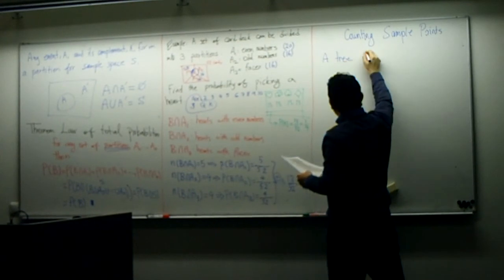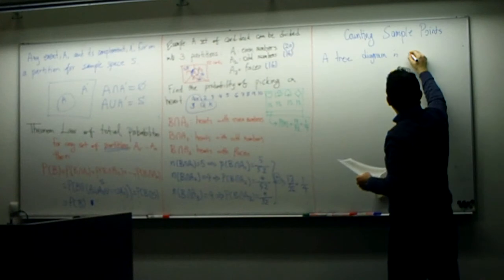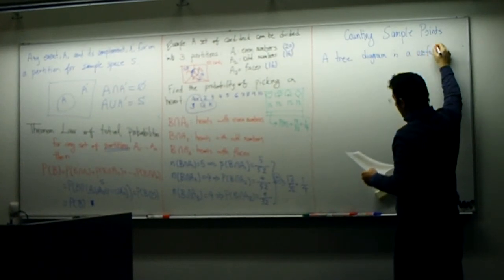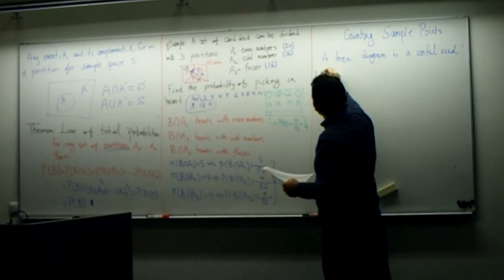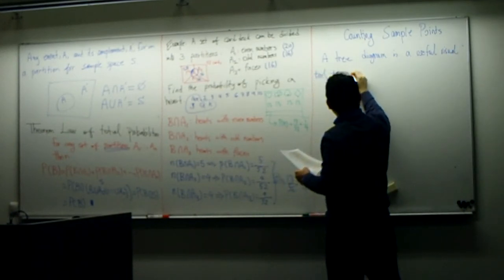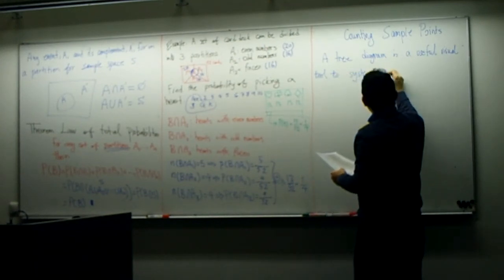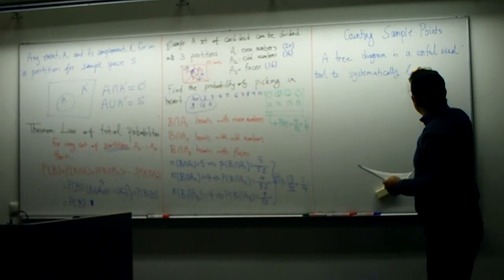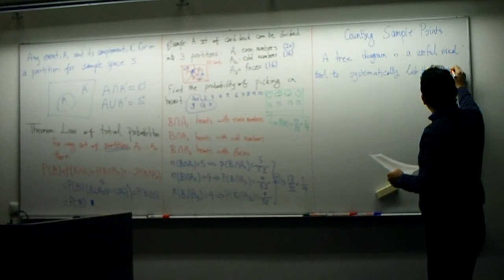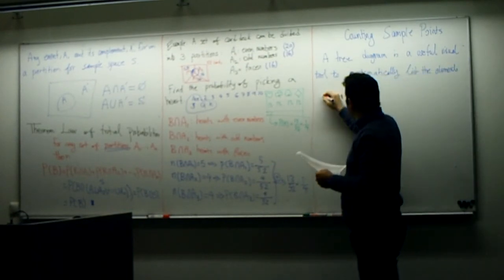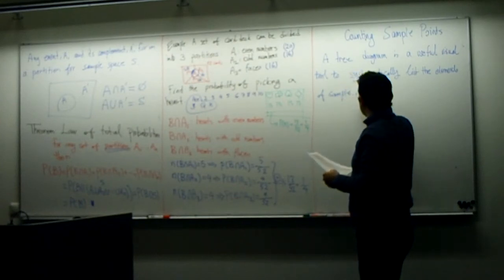A tree diagram is a useful visual tool to systematically list the elements of a sample space.